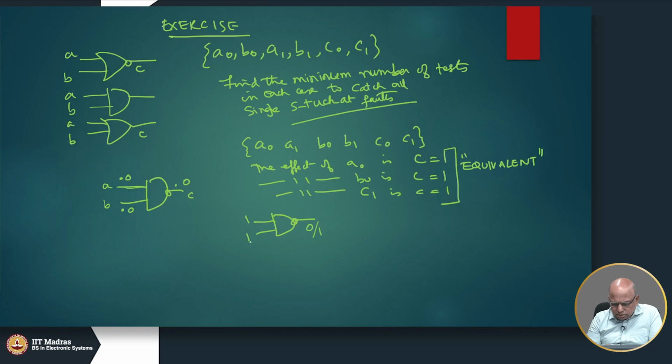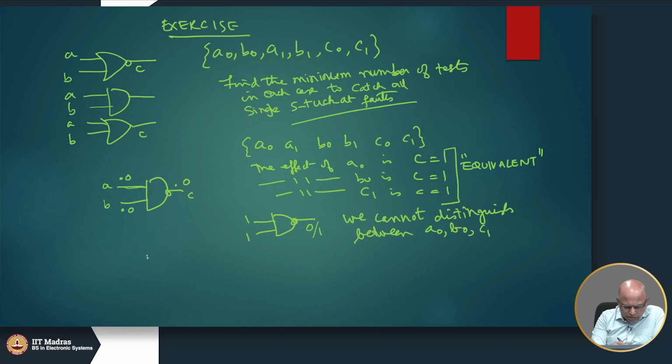B stuck at 0 will also do the same thing. A stuck at 0 will also produce a 1, and C stuck at 1 will also produce a 1. So, we cannot distinguish between A0, B0 and C1. They are all equivalent.